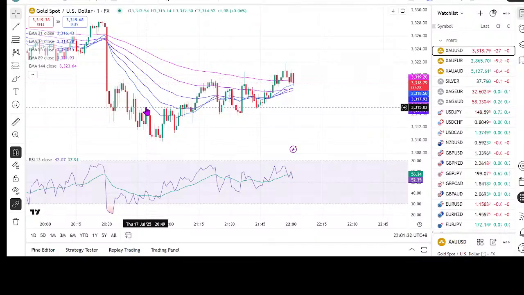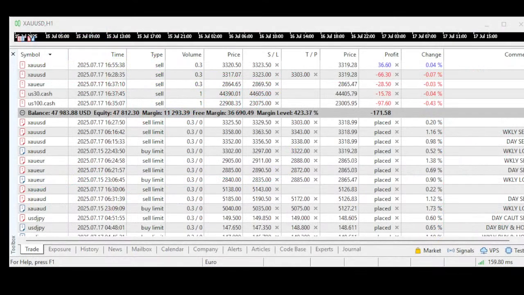For those of you who have just joined, let me share the screen with you. We are holding gold orders: two on the gold US, one gold Euro, and one Dow Jones and one Nasdaq. Altogether, we are holding 5 trades.